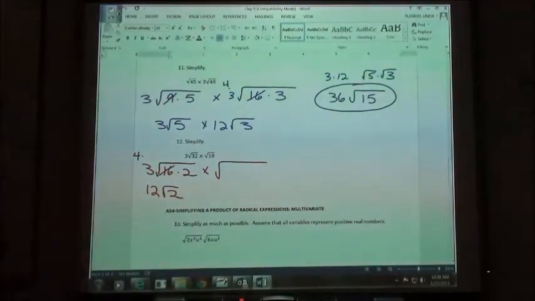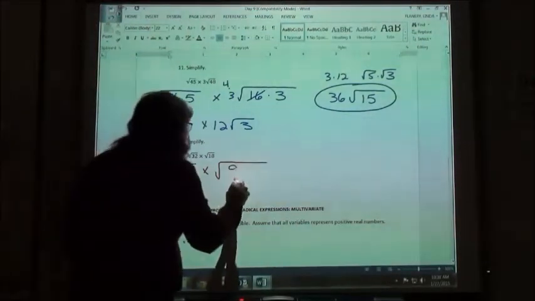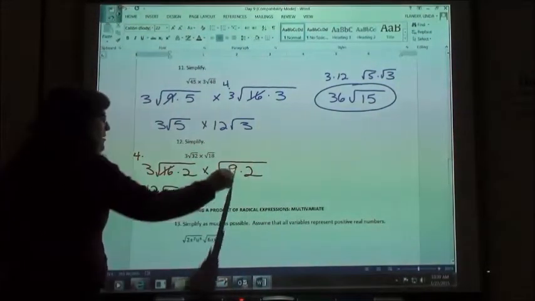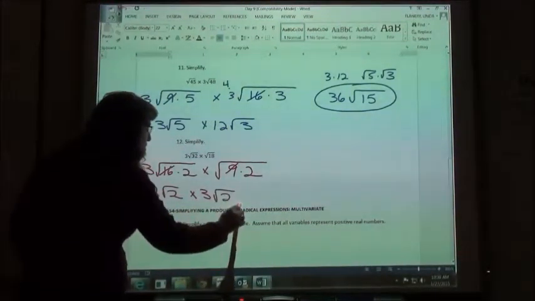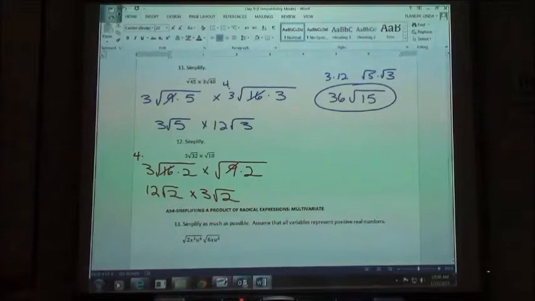Square root of 18. 18 can be factored into 9 times 2. The square root of 9 is 3, so we get 3 square root of 2.